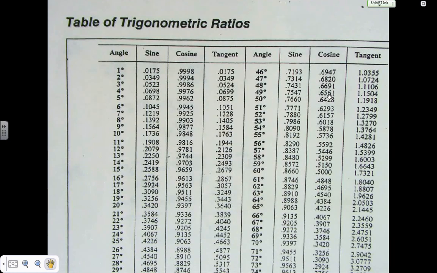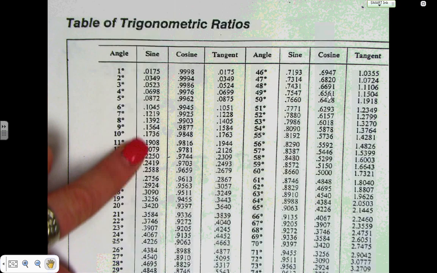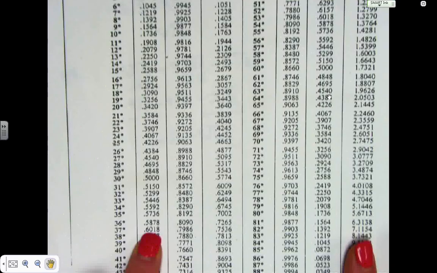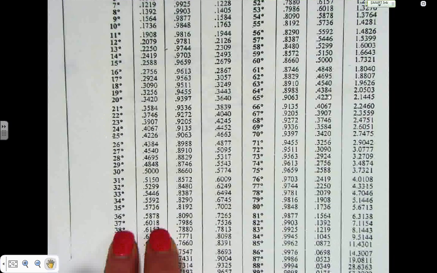What was the fraction or the ratio? 3/5, which was 0.6, right? Okay, so I would look in the sine column, because that's the one I used, and I would go down till I found the thing closest to 0.6, which would be this one right here, okay? So under the sine column, 0.6 goes with the 37 degrees. So that angle R is 37 degrees, okay?